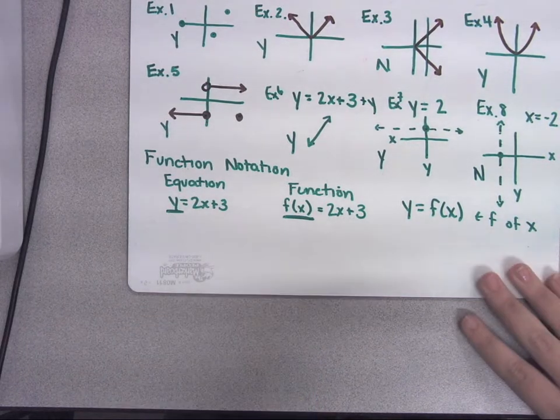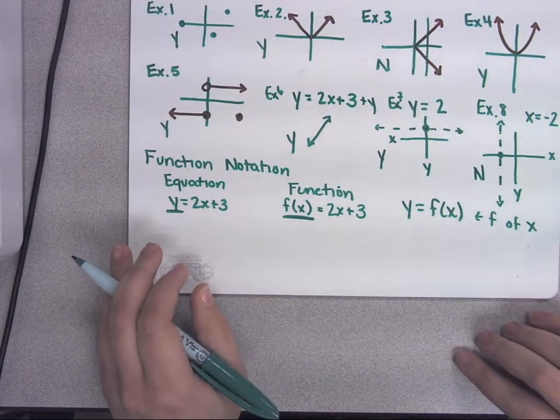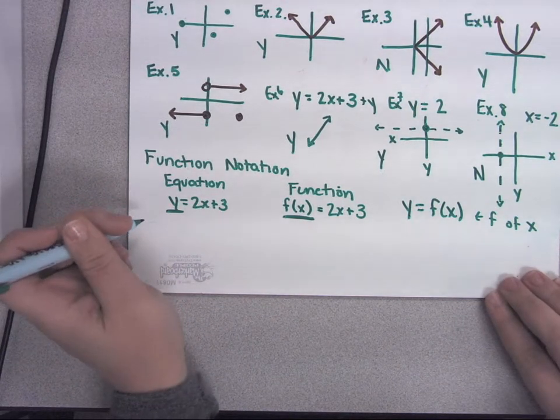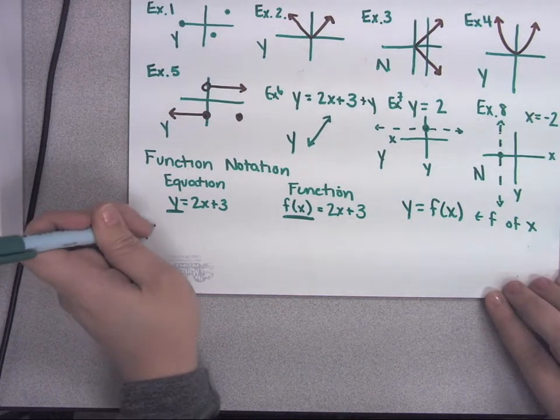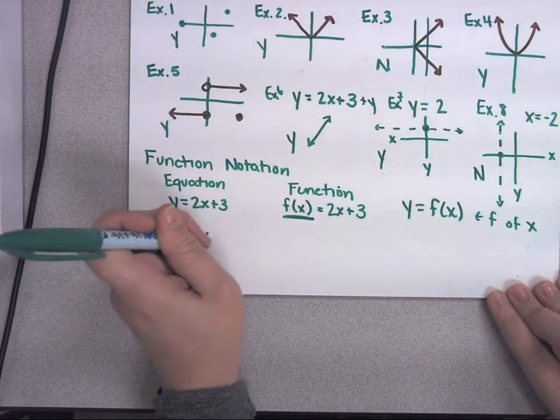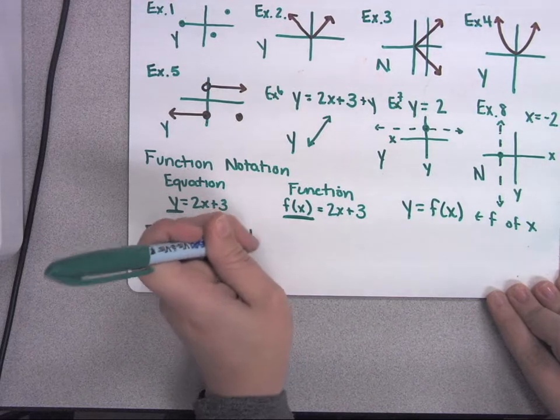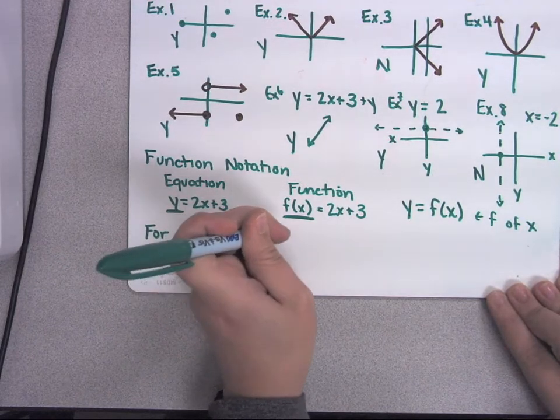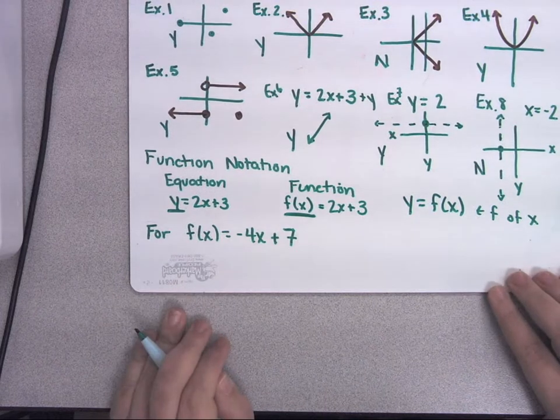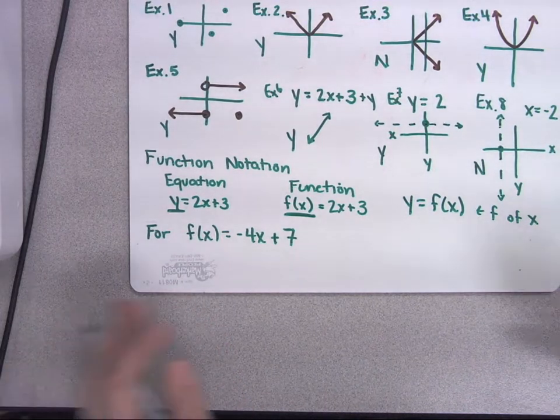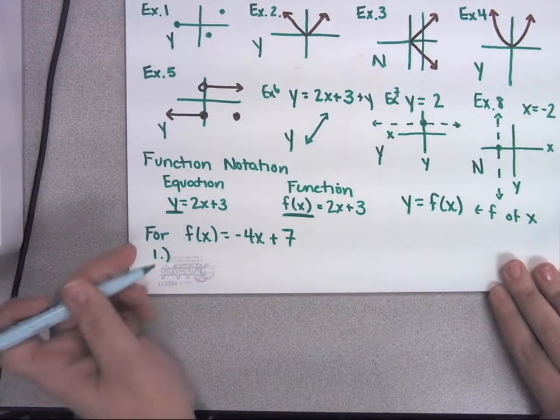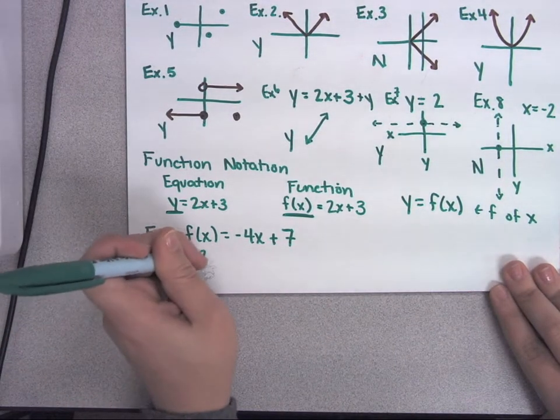Then we're going to find function values. So it says for this, and they'll give you a function, f of x equals negative 4x plus 7. Find each value, and it gives you a bunch of questions. First one, f of 2.